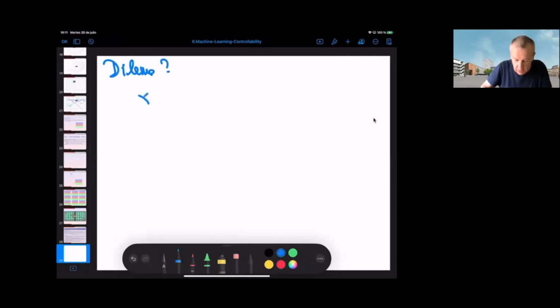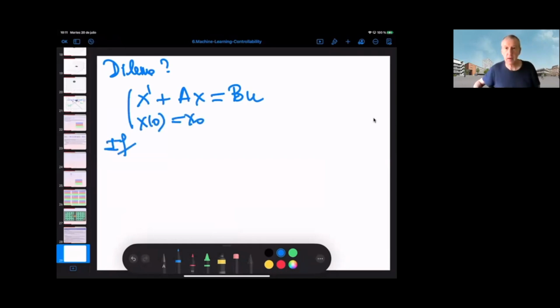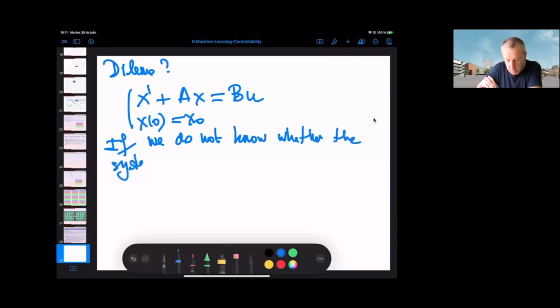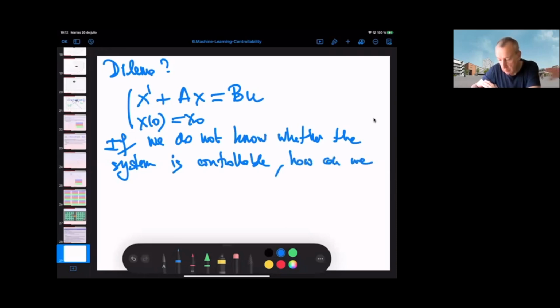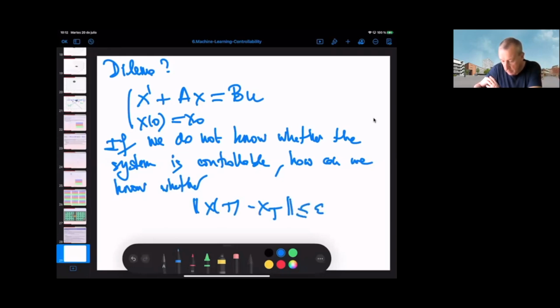The dilemma is that even in the linear case, just to explain it more simply, if we don't know whether the system is controllable, how can we know whether the distance to the target can be made smaller than epsilon?